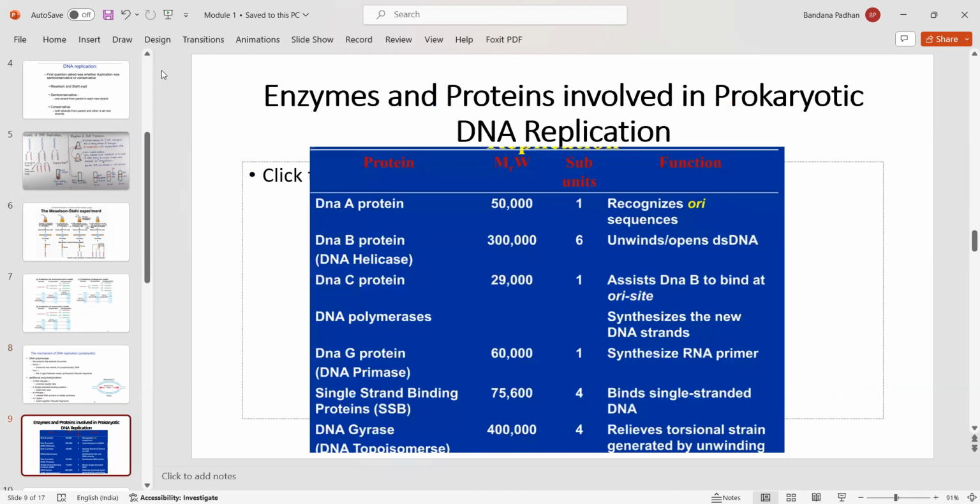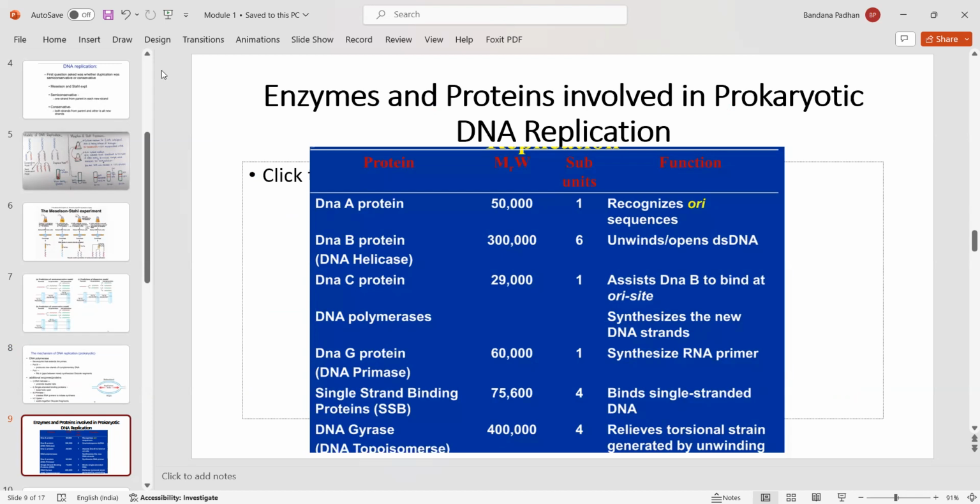So, some proteins are required during DNA replication. These proteins are the DnaA protein. The molecular weight of DnaA is 50,000 and it has only one subunit.